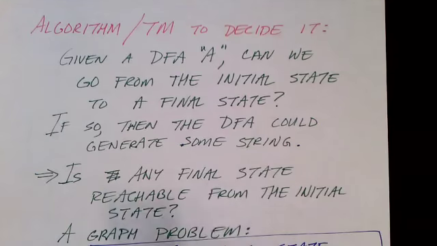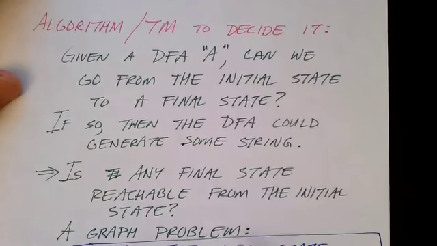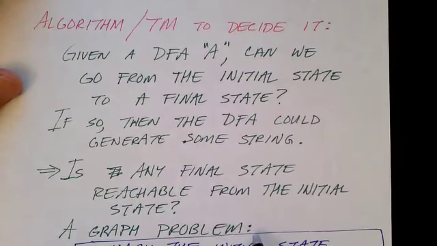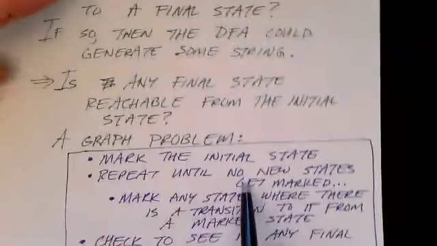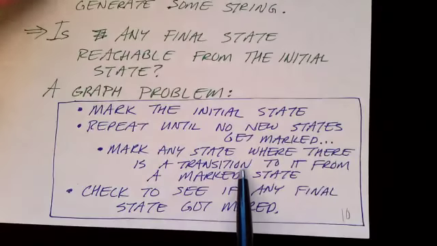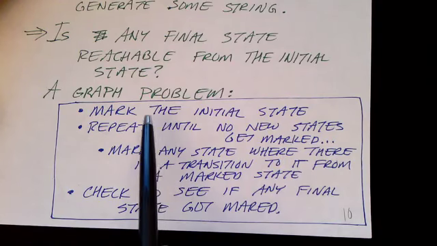So, is there any final state that is reachable from the initial state? It turns out that this is essentially a graph problem. A deterministic finite state automaton is a directed graph of states, and so we have to ask whether a path exists.